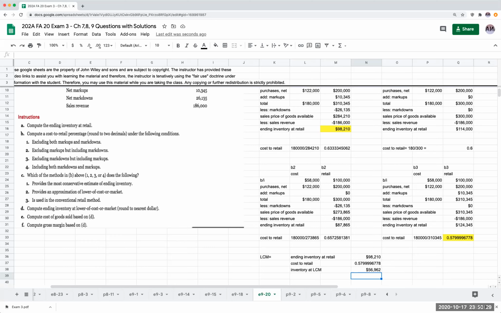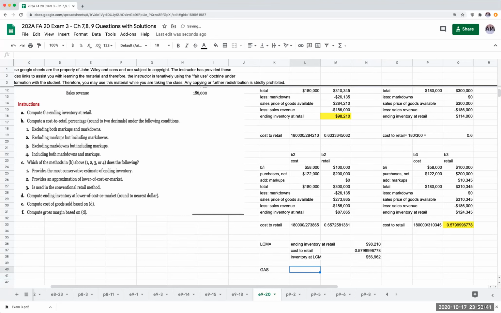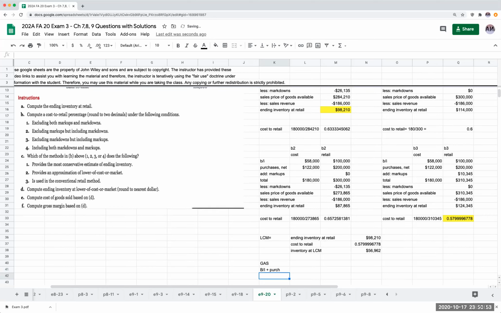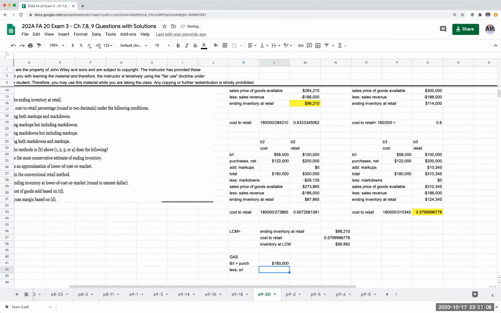Okay. So compute cost of goods sold based on D. My cost of goods sold would be, well, my goods available for sale is 180,000, less the ending inventory, or the inventory over here at lower of cost or market.